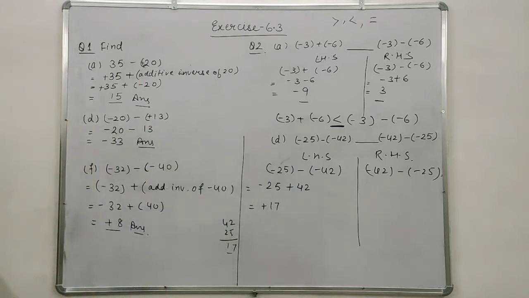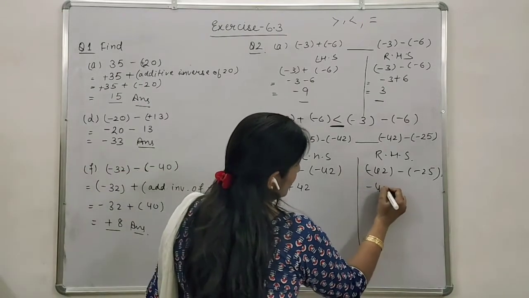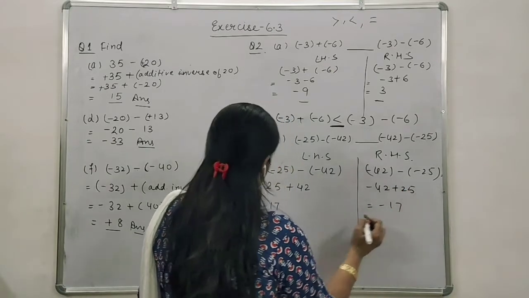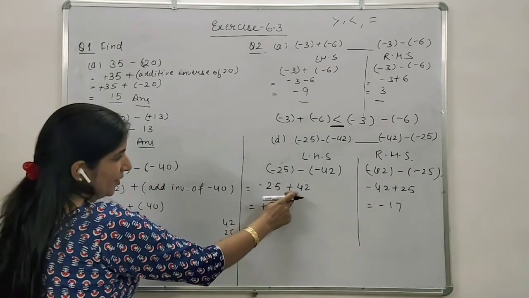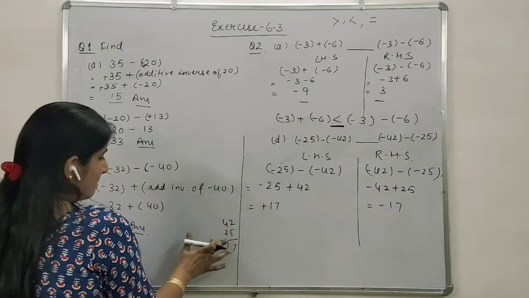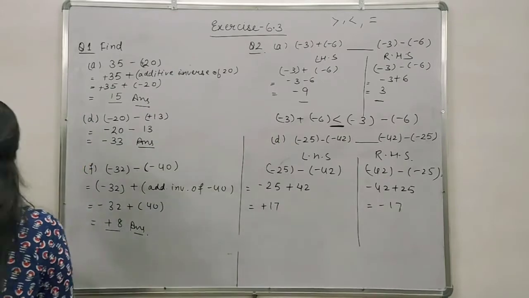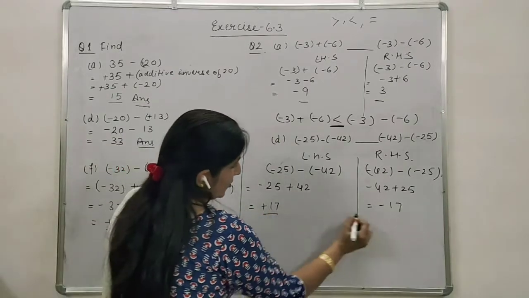Now here minus 42 plus 25. What will we get here? Here we will get minus 17, because here the plus 42 is there, so plus 17, there is minus. Okay, so we can write in this manner. And now compare, which one is bigger?